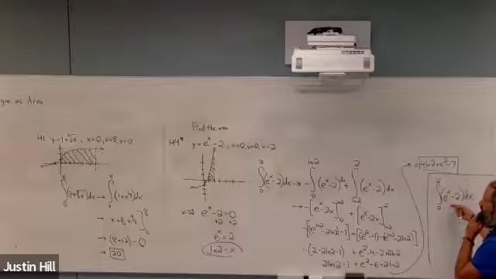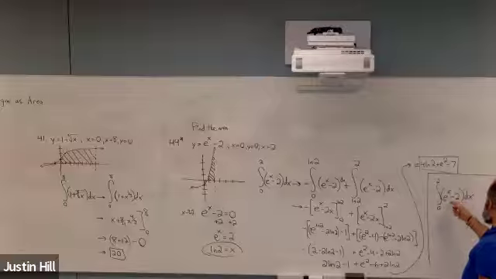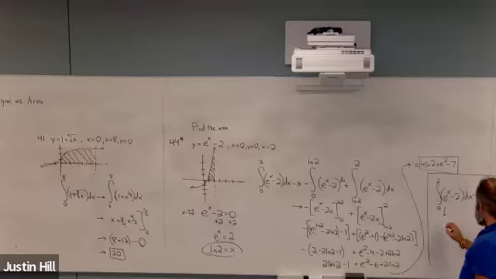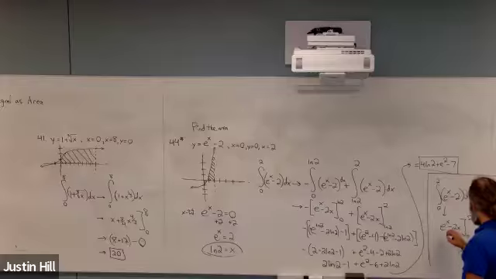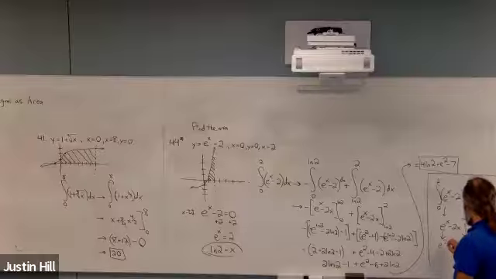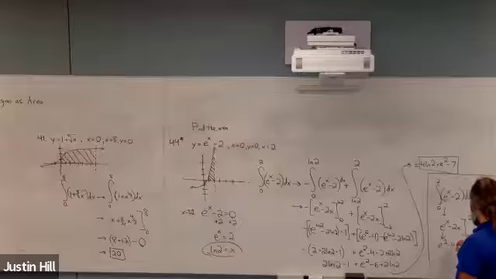Well, then our integration work is the same. So when you integrate this, you get e to the x minus 2x. And then we're going to evaluate that from 0 to 2. So what you get from there is e squared minus 4.